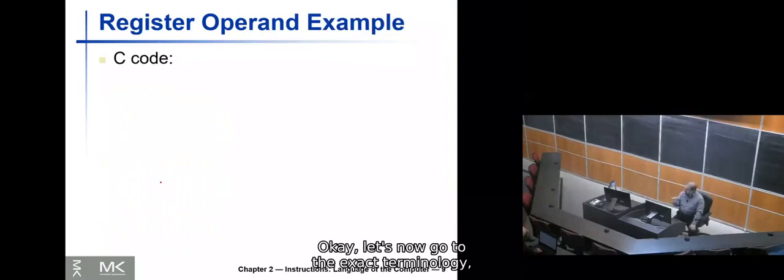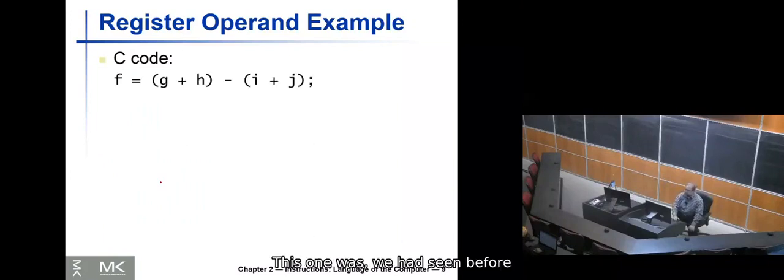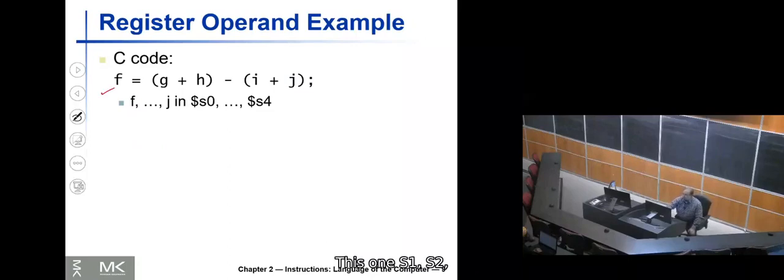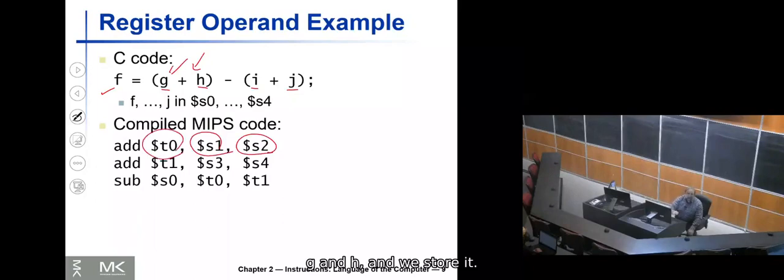Let's now go to the exact terminology, the exact vocabulary of MIPS. At first, I just used a hypothetical example. This one we had seen before. When you want to write it in MIPS, assume for the time being that these variables are stored in $s0, $s1, $s2, $s3, $s4. Now our code will be something like this. We add $s1 and $s2, which are g and h, and we store the result in $t0.